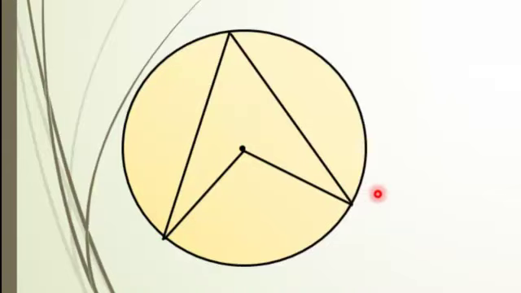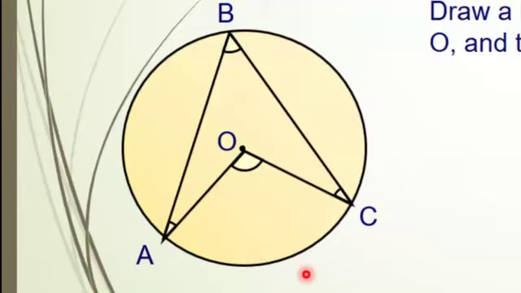Next, I indicate my points using letters A, B, and C. The next thing is to indicate my angles using the arc. Now I'm supposed to draw a line from B through O, that is the center, to touch the circumference of the circle, that is the arc AC, and I have drawn that.